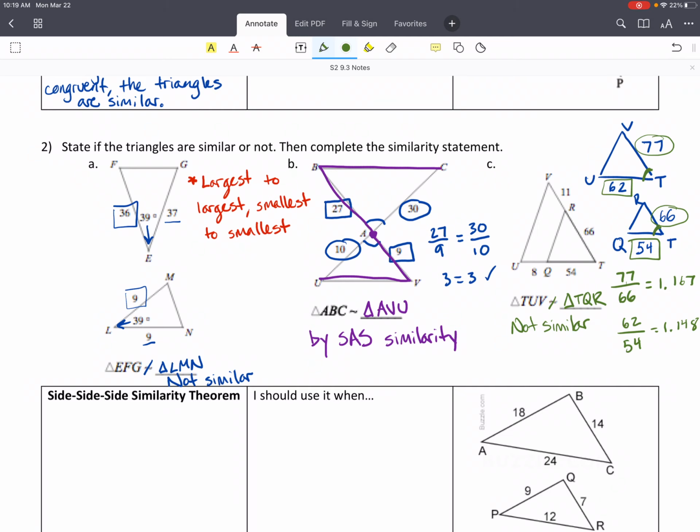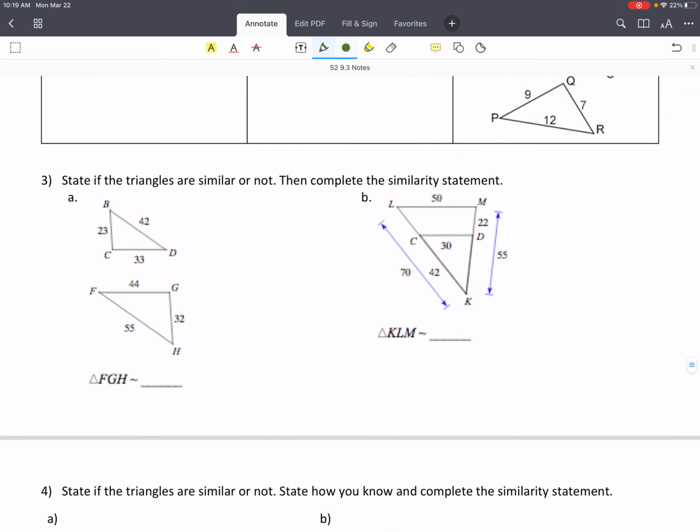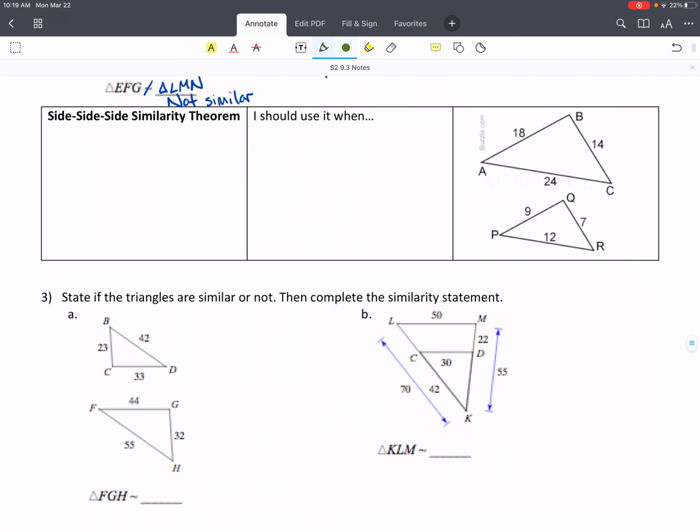Alright, that's side, angle, side. And now we'll get to our last one, which is side, side, side.